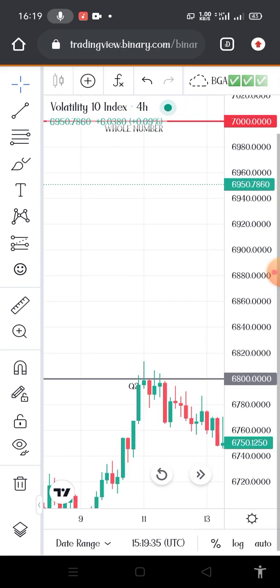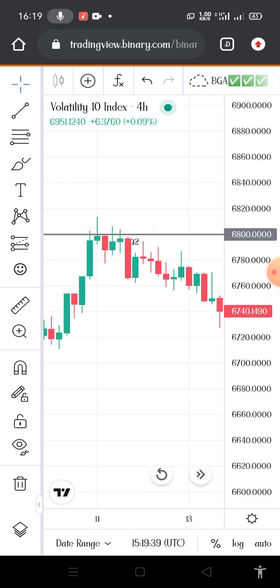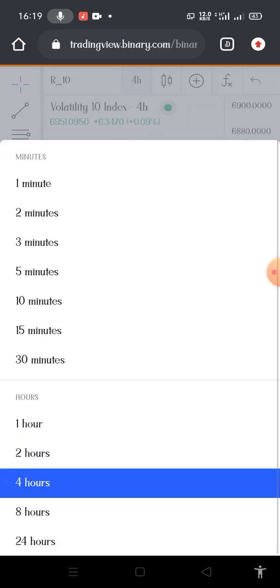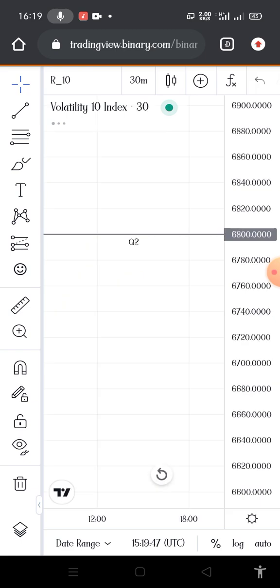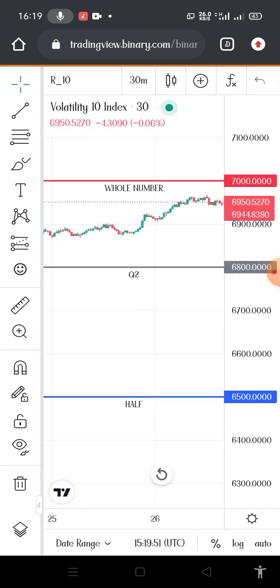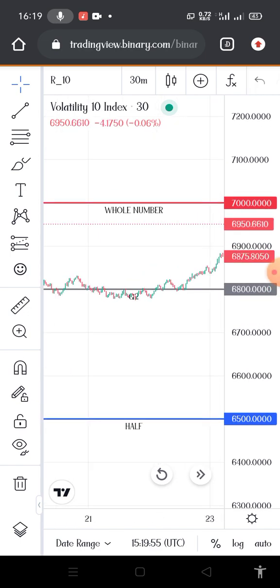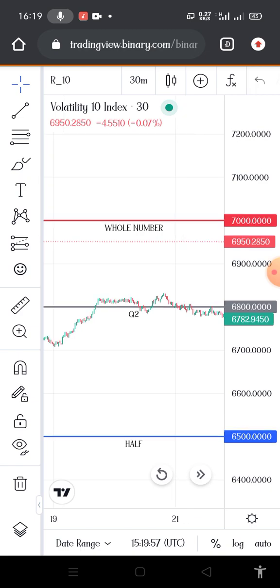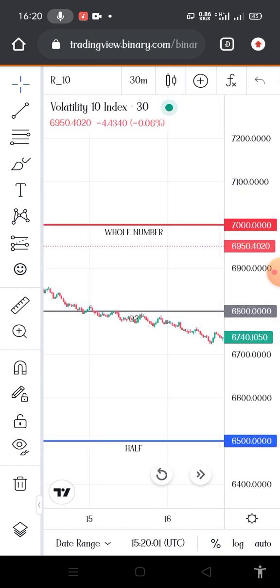Let's move to a smaller time frame and see if it works there. Where was I? Was it here?